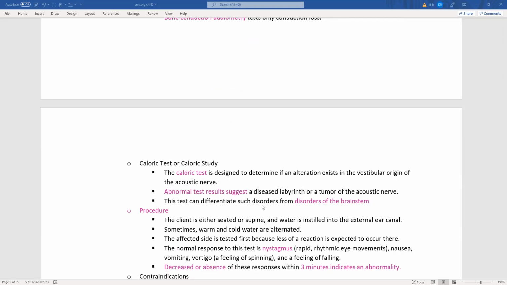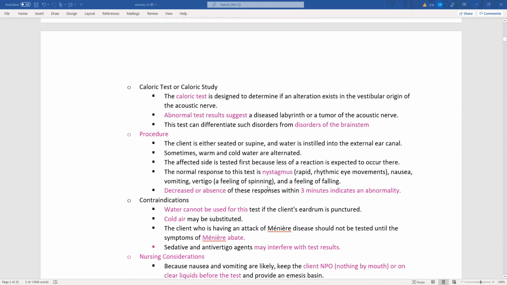This test can differentiate such disorders from disorders of the brain stem. Okay, so that's what the caloric test does.